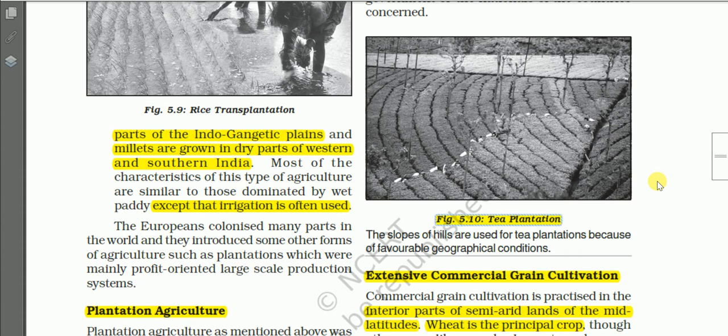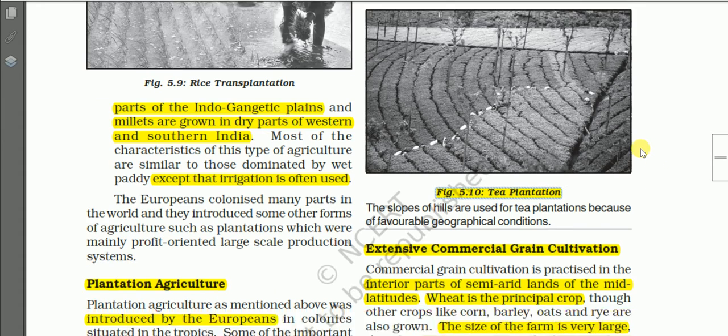There should not be water logging, and that is why we prefer rolling grounds or gentle slopes of the hills for tea plantation. In the midst of the tea plantation, you may find trees also. These trees will protect the tender tea leaves from the bright sunlight. So these are about plantation agriculture.